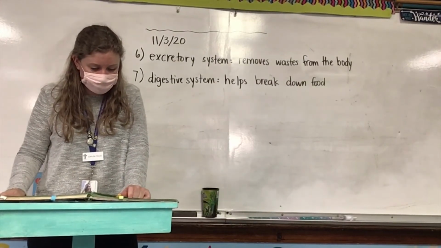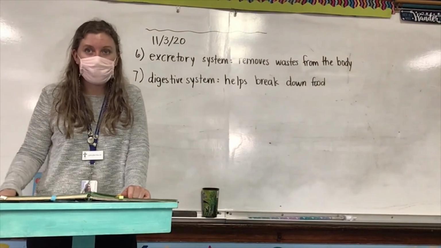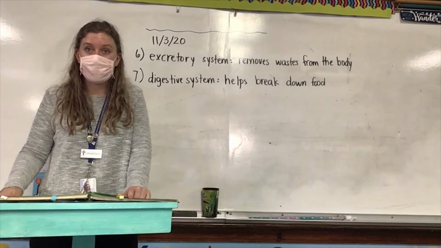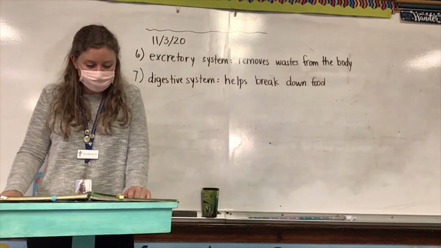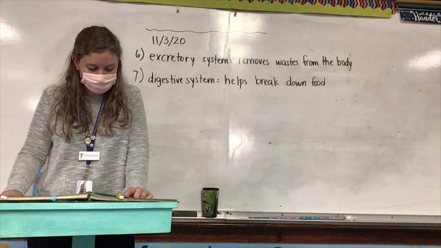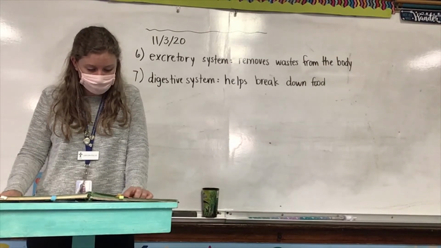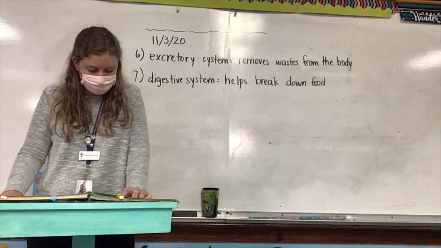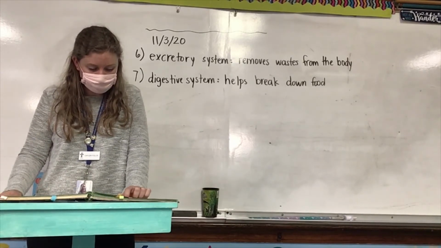Okay, Mason, you're doing an excellent job, and we don't have a multiple of 2 left, so you can go ahead and read this short little paragraph that comes next. Segmented worms have digestive systems with 2 openings. Food enters through the mouth. Waste exits through the tail. Very good.